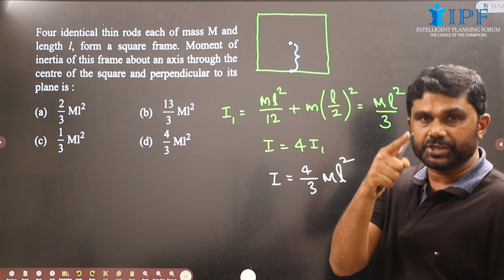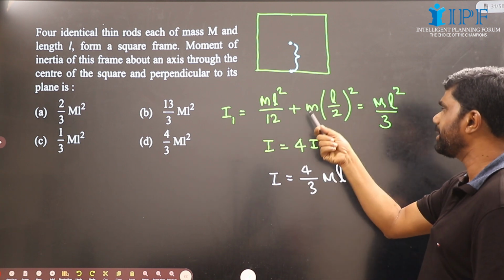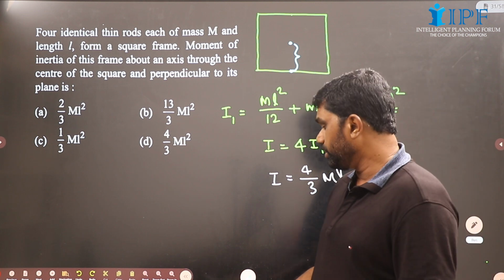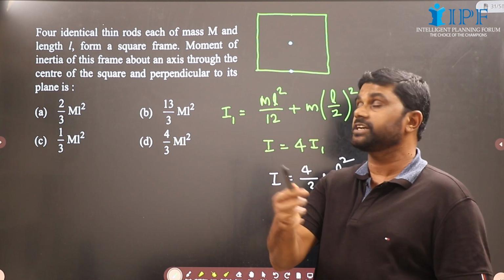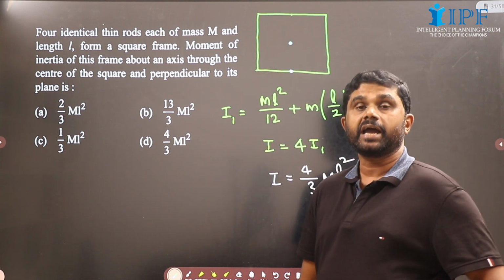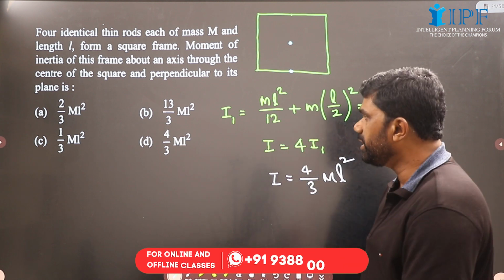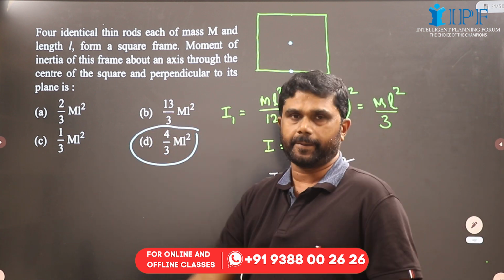So m L square by 12 plus m into (L by 2) whole square, and it is m L square by 3. So the moment of inertia of one rod with respect to an axis passing through the center of the frame is m L square by 3, and there are 4 such rods. So it will be 4 into m L square by 3, so 4 by 3 m L square.